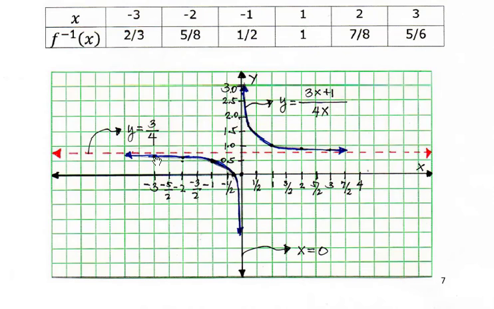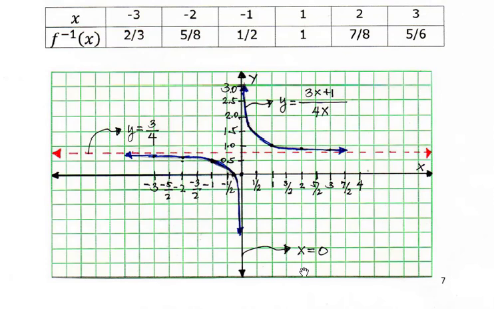The red broken line here, as you can see, is our horizontal asymptote, y equals 3/4. I made our grid distance 0.5 so that it would become closer. So I zoom in the graph, so to speak.